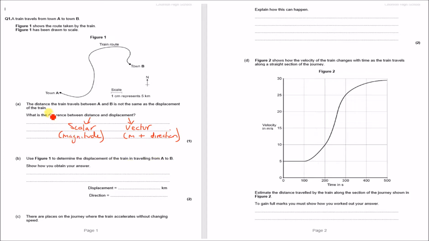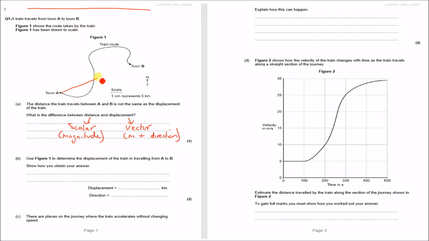Now if we were to work out the distance we'd have to measure this whole line. So the best thing to do would be to put a piece of string over the line and then expand the string out and measure the whole thing. That would be the distance, but it's not asking us for the distance, it's asking us for the displacement, and the displacement is always the shortest path between 2 points.